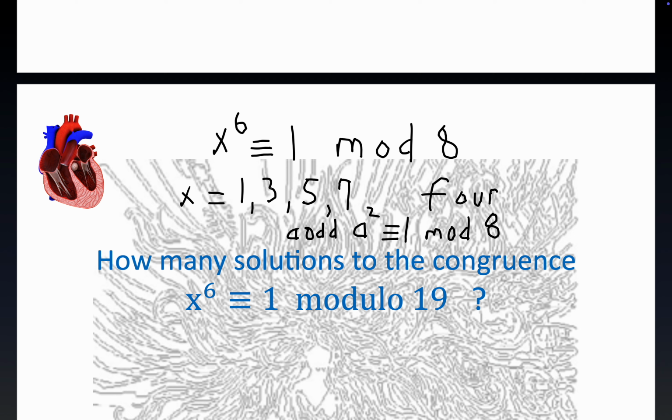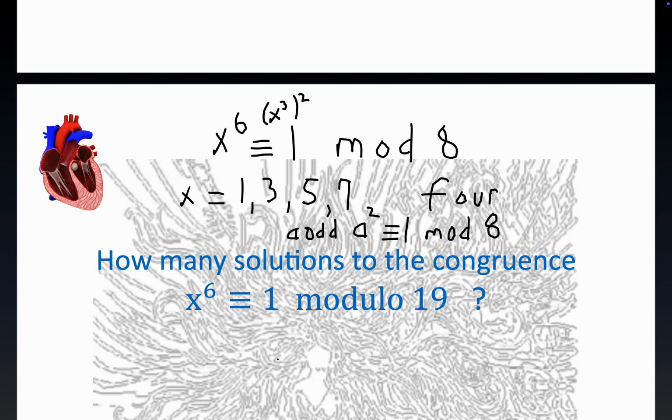Well, it's kind of hard to do the arithmetic, but notice that x to the 6th is the same thing as x cubed squared, right? So it is a square, albeit one with larger numbers, but x to the 6th is x cubed squared, and any square is congruent to 1 mod 8, provided that number is an odd number. Okay, so that's the answer to this question.